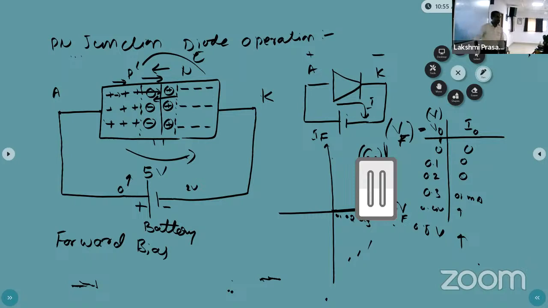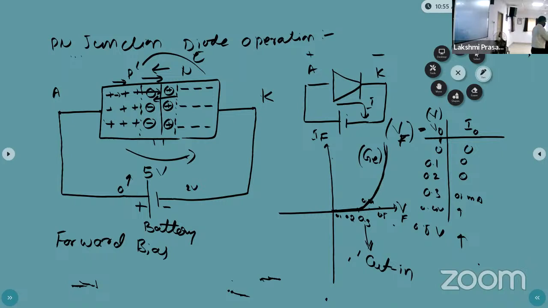If the p-type and n-type semiconductors are made of germanium atoms, then for that PN junction diode this voltage is called the cut-in voltage. Each semiconductor element has its own cut-in voltage. For germanium it is 0.3 volt, the typical value. Practically you will get 0.2 volt, but typically it is 0.2 to 0.3, so that is 0.3 volt.